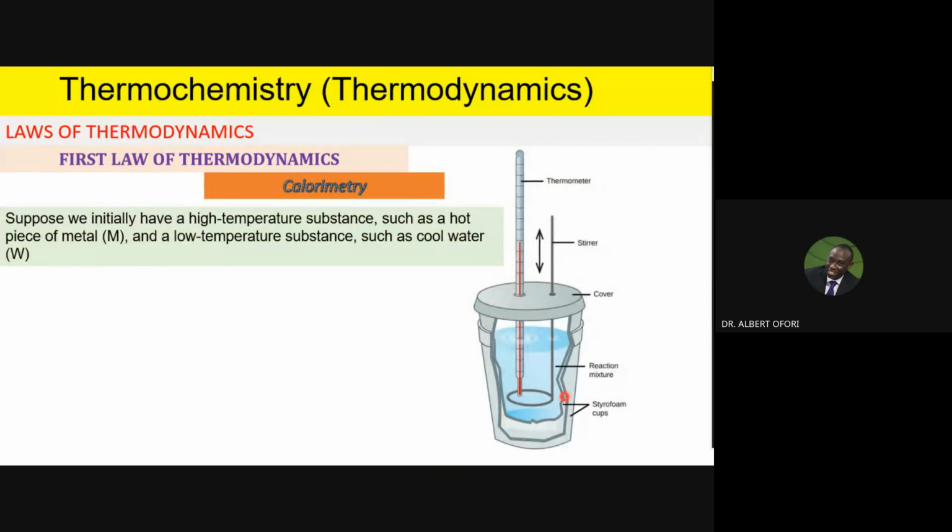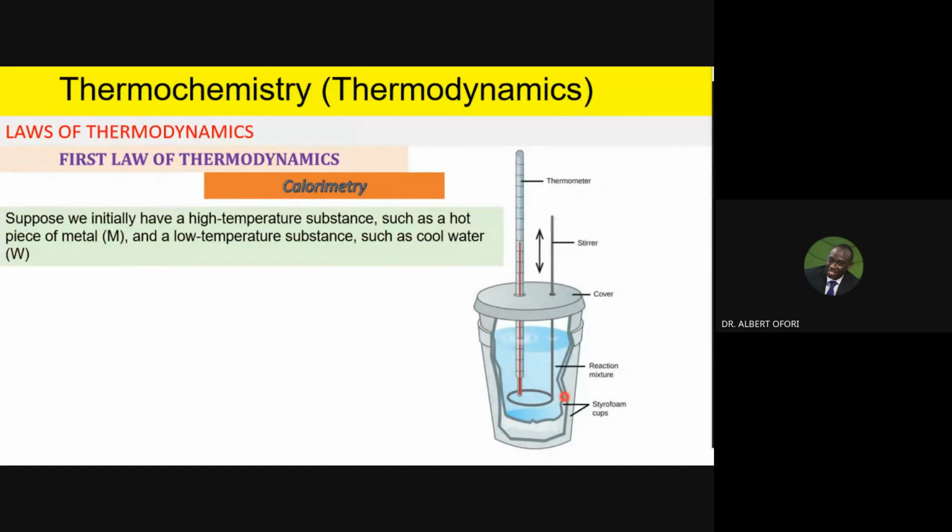So before we practice the calorimetry, in simple terms, I'm using these systems to just show you. So we are going to be heating a piece of metal. Let's call that piece of metal M. And then, of course, we are going to be putting it in water, which is a system down.